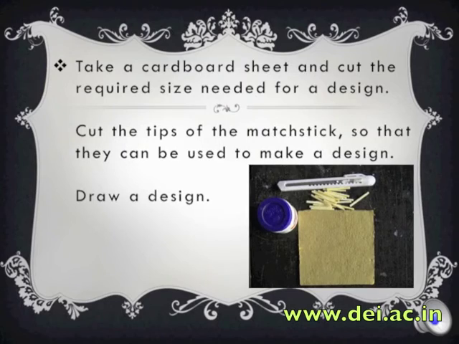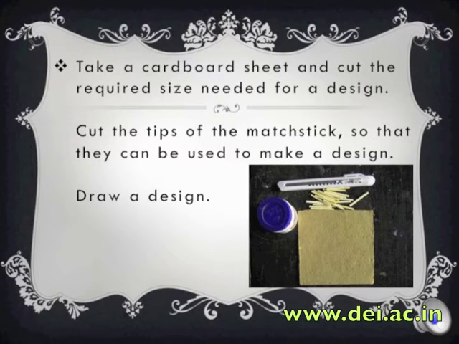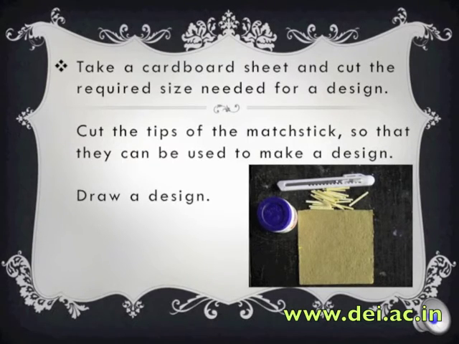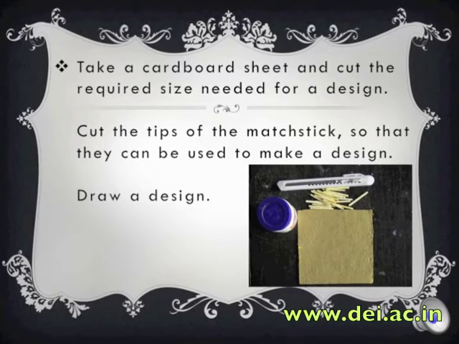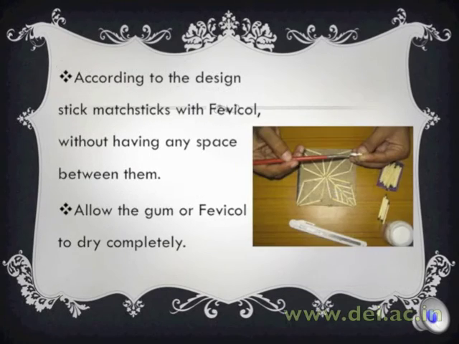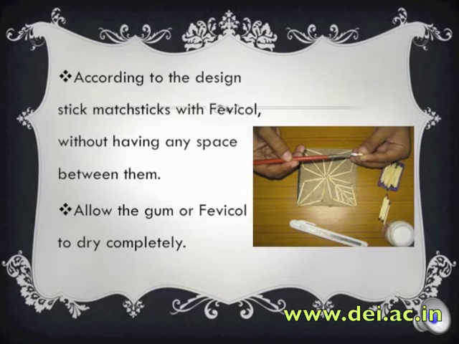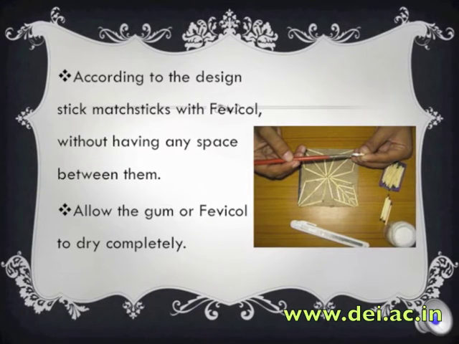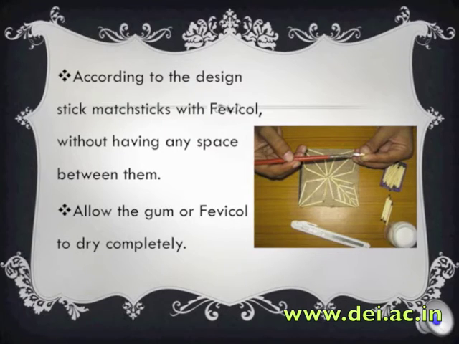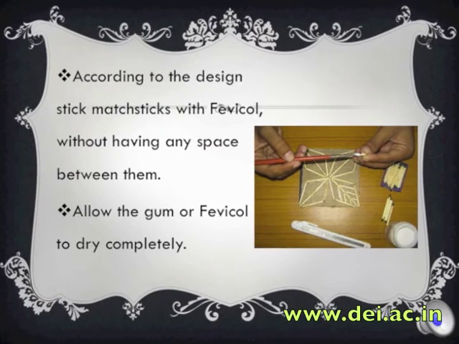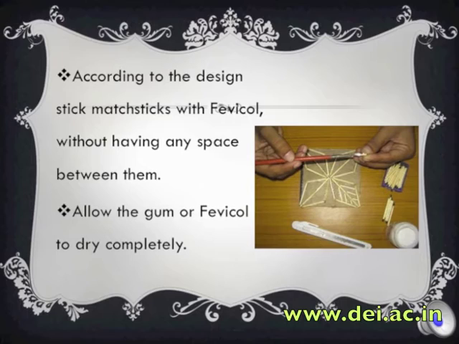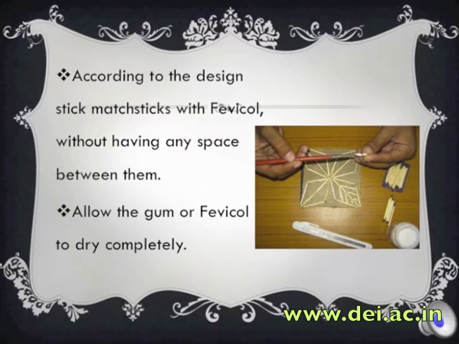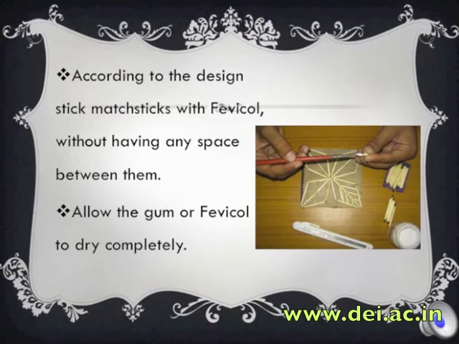The final design should have a little space all around it to make printing easier and neater. Draw the design on a cardboard piece. Cut the tips of matchsticks so that they can be used to make a design.